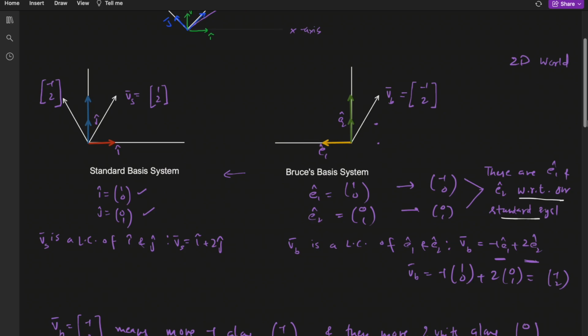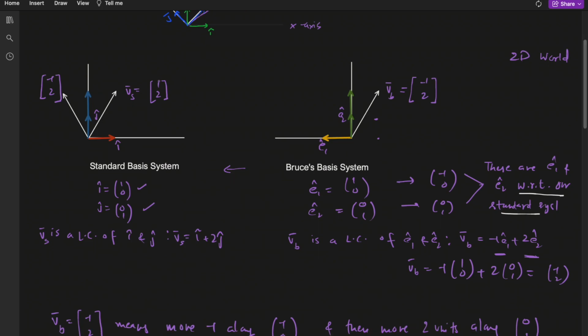If I send him 1 comma 2, for him 1 comma 2 is not here, it is somewhere here, right? So he also needs to convert this vector.